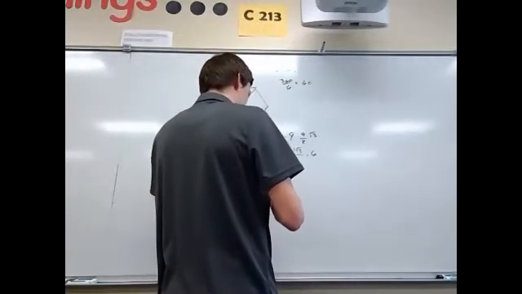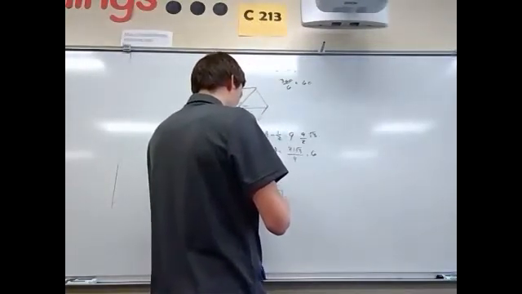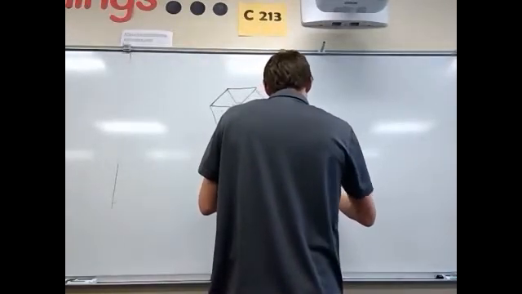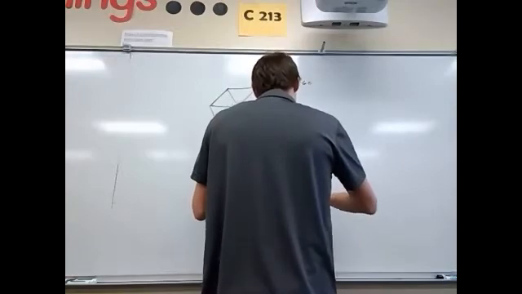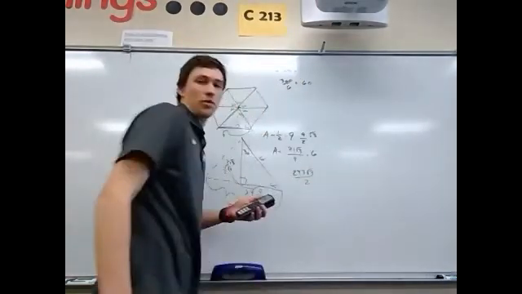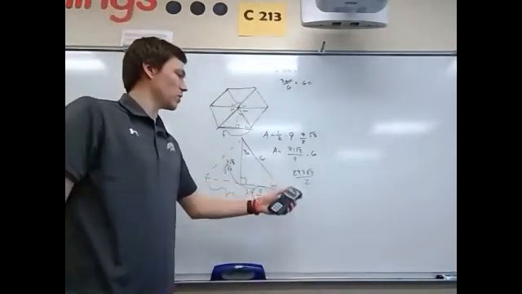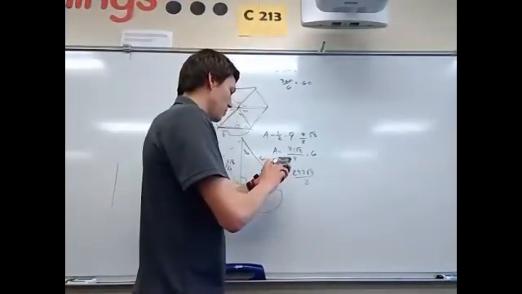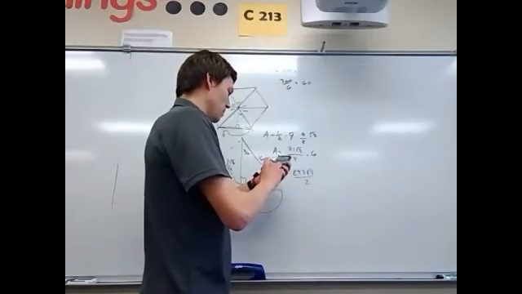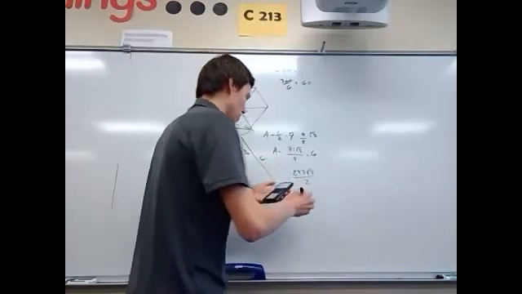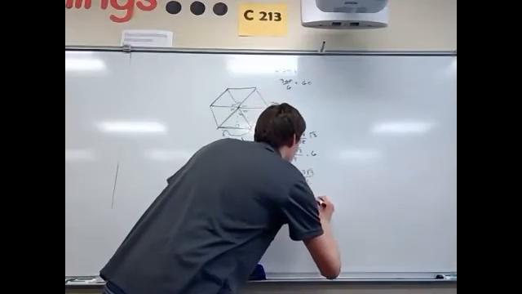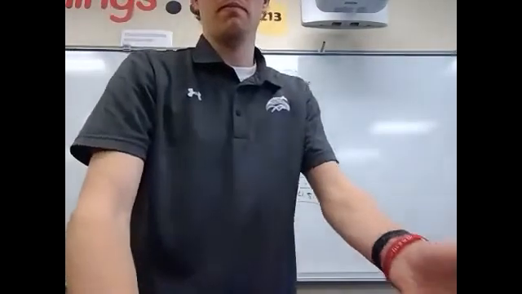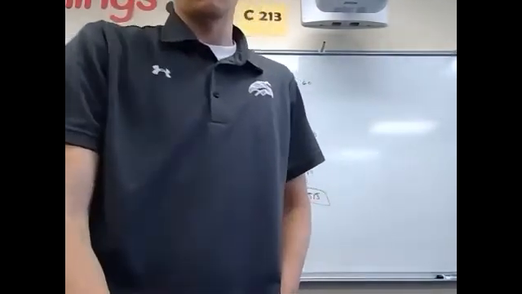And I get 243 radical 3 all over 2, which 243 divided by 2 is 121.5. That's 121.5 radical 3. All right, that's number 7.